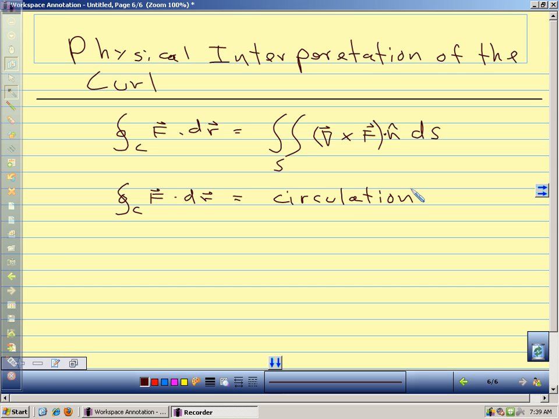The reason we call it the circulation is that it's the tangential component of f around our curve. So it has something to do with our field making something turn. So this tells us that the circulation equals the double integral of the normal component of our curl.